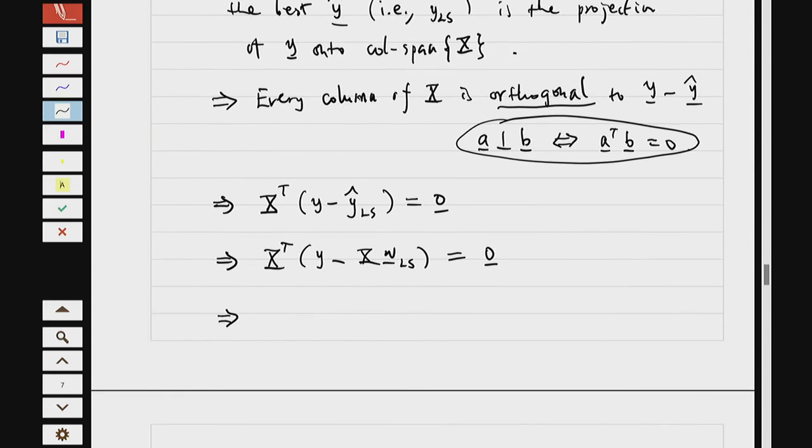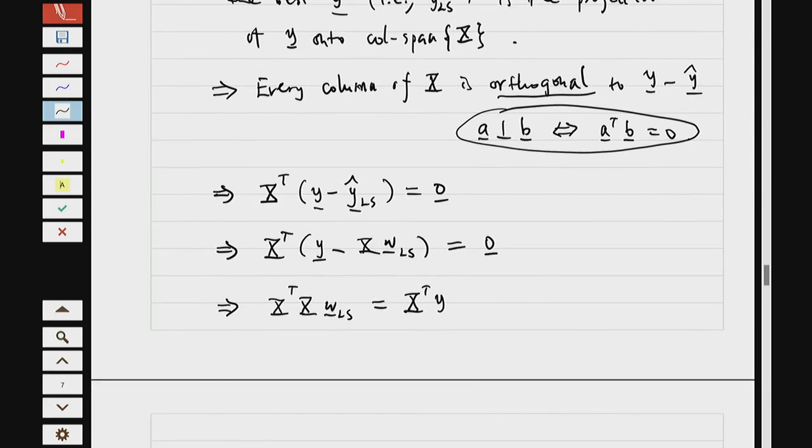And if you write this thing out, W LS is equal to, now we'll get back what we had before. This is y bar.